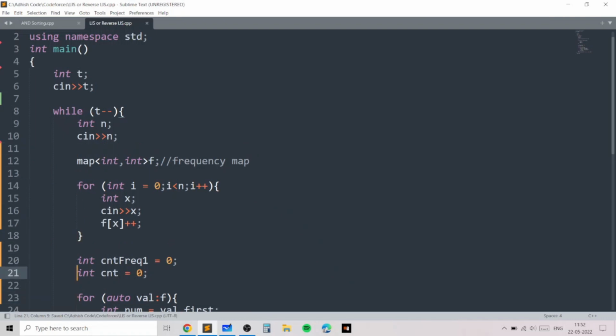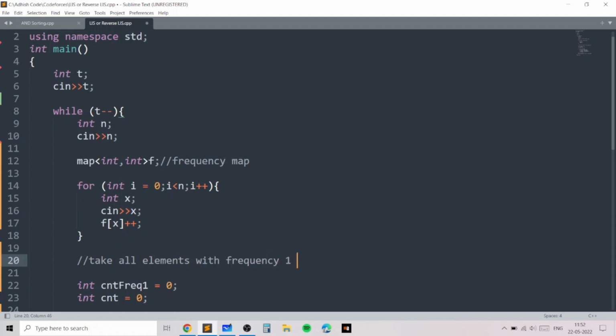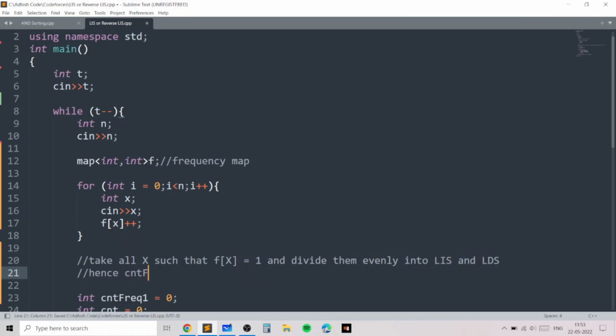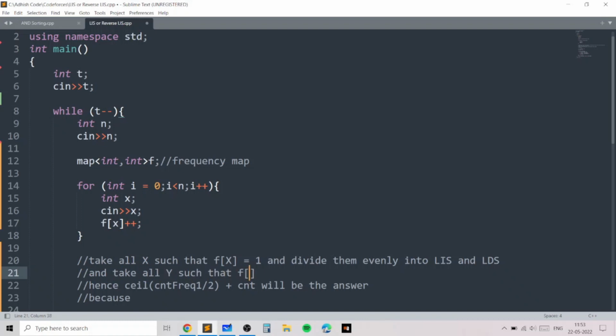And note that the construction is not explicitly given, but you can see that essentially we are taking all x such that frequency of x is 1, and distribute them, divide them evenly into LIS and LDS, and hence basically count frequency 1 divided by 2 ceiling plus count will be the answer, because count frequency 1 represents the number of elements such that frequency of x is 1, and we are also taking all y such that frequency of y is greater than or equal to 2, and putting them into both LIS and LDS.